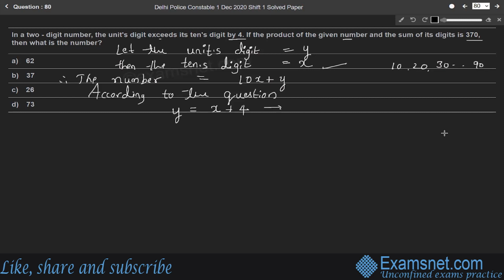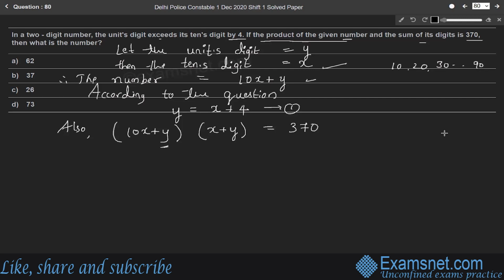Also, the product of the given number and the sum of its digits is 370. So let us write this statement. The given number is 10x plus y, and the sum of its digits is x plus y, so the product is equal to 370.